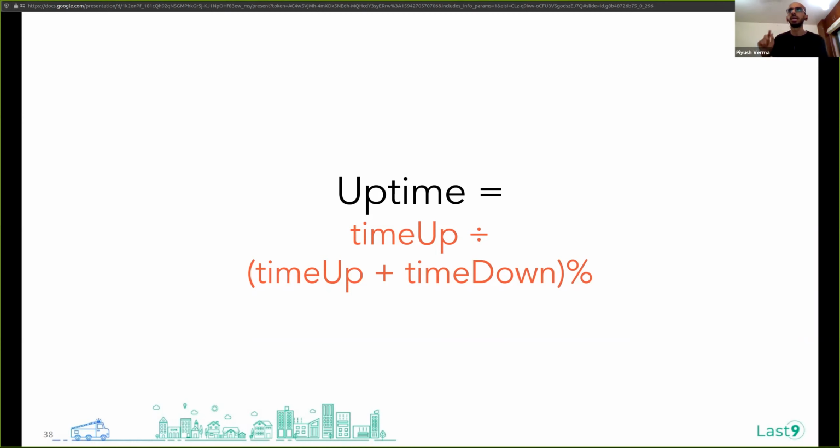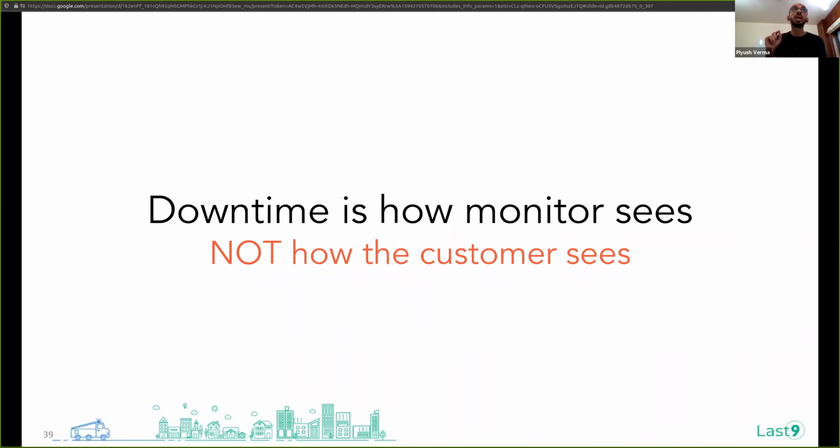The interesting thing across all of these is that the downtime is how the monitor is going to see it, not how the customer is going to see it. All your 1% customers who could not reach you are still not going to reach you. So this uptime is worth whatever it is worth to the monitor, not to anybody else. This is a very important understanding that we need to have here.